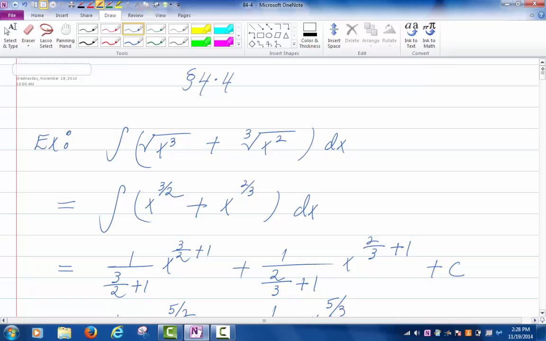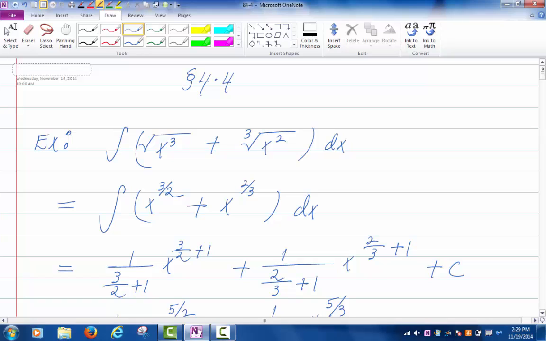So how would you compute this integral? Well, you just express each summand as a power of x, right? So what is the root of x cubed? Root of x cubed is just x to the what? 3/2. And then cube root of x squared is just x to the 2/3. So I express them in terms of powers of x, and then I apply the power rule.